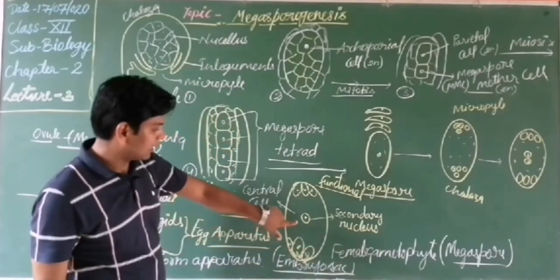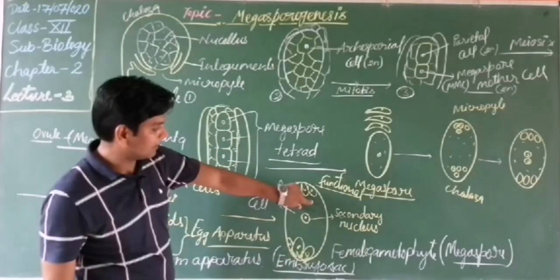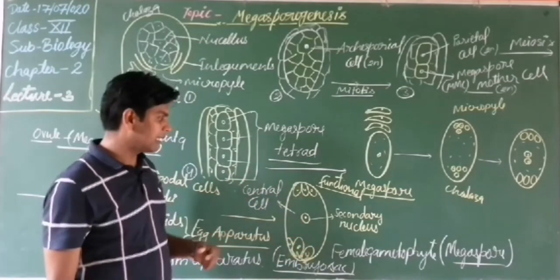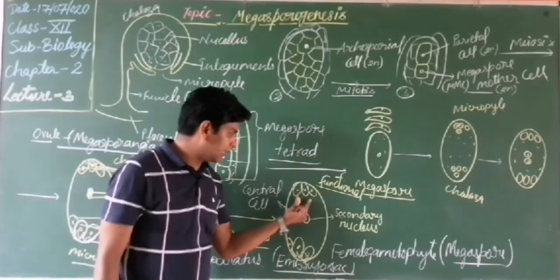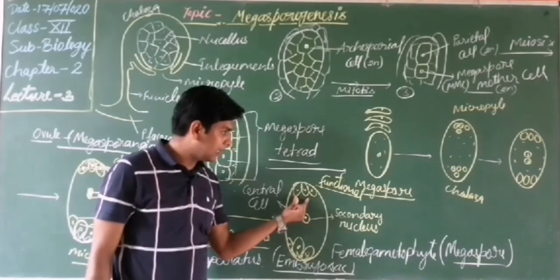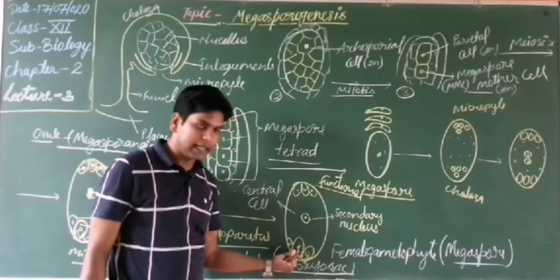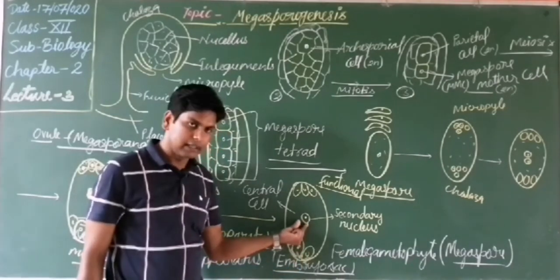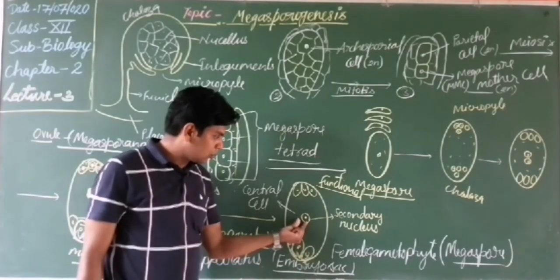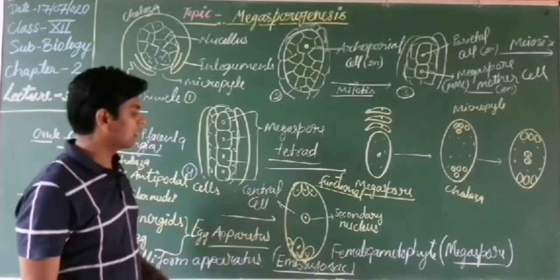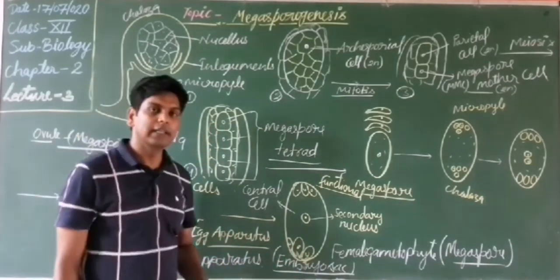So one cell is bigger and 6 cells are smaller. That is why 7-celled, but 8-nucleated structure. 3 nuclei are of antipodal cells, 2 nuclei of synergid cells, 1 is of the egg cell, and 2 are fused here. So 2, 3, 5, 5, 3, 8. That is why it is known as the 7-celled 8-nucleated structure.